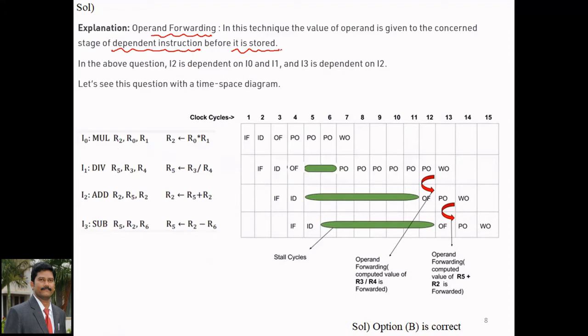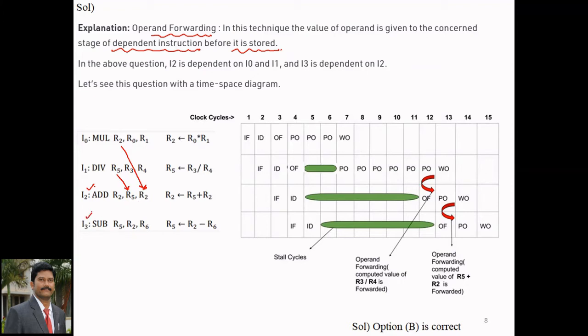So here, if you observe these 4 instructions, which instructions are dependent? Observe I2 is dependent upon I1, and also upon I0. Until completion of I0 and I1, only then will this operation be done.